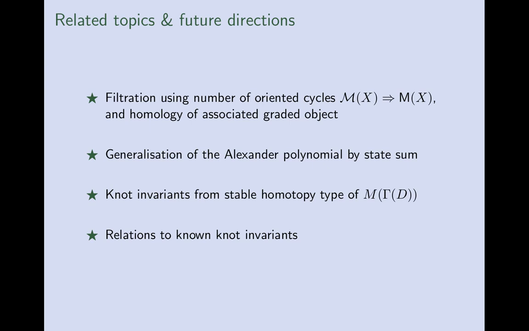So this would amount to defining a decorated version of these simplicial complexes that keeps track of the over-under information of diagrams, and then looking at how Reidemeister moves change its homotopy type, and using this to define a sort of stable homotopy type of these matching complexes. And I think that someone is actually working on this last point at the moment.